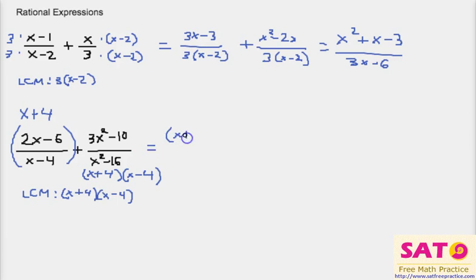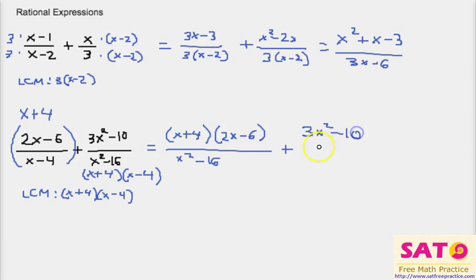x plus 4 times 2x minus 6 divided by x squared minus 16, which is just here, plus 3x squared minus 10 over x squared minus 16.